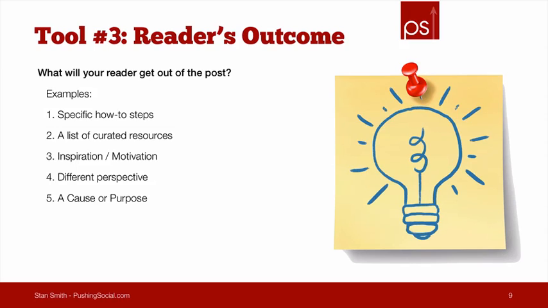Another thing is you can give somebody a different perspective, a different point of view about something they're dealing with on a daily basis, or a cause or a purpose. If you are writing for the nonprofit genre, one of my clients is a nonprofit marketer, and a lot of times she is writing just to inform or promote a cause or a purpose.